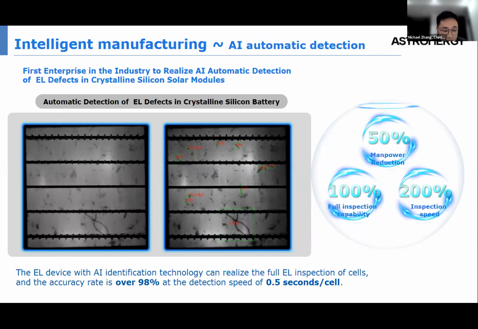The EL device with AI identification technology can realize the full EL inspection of all the cells, and the accuracy rate is over 98% at a detection speed of 0.5 seconds per cell.